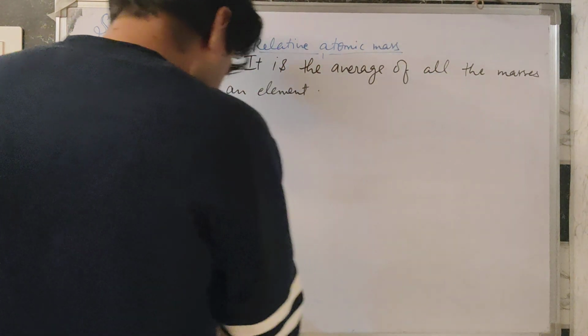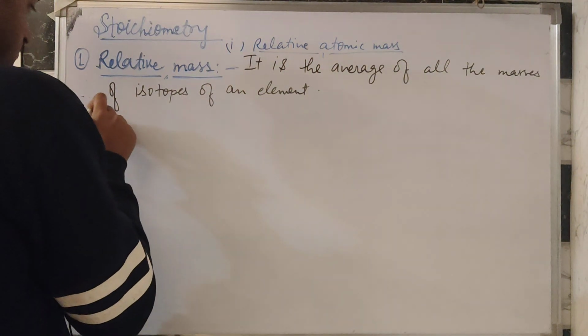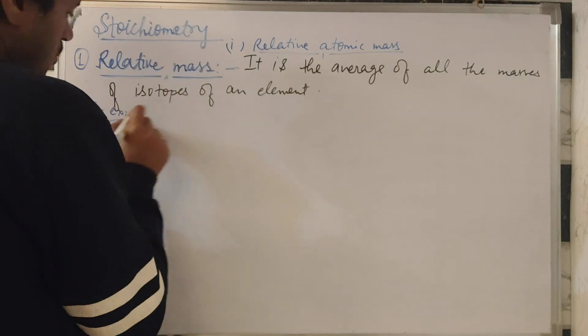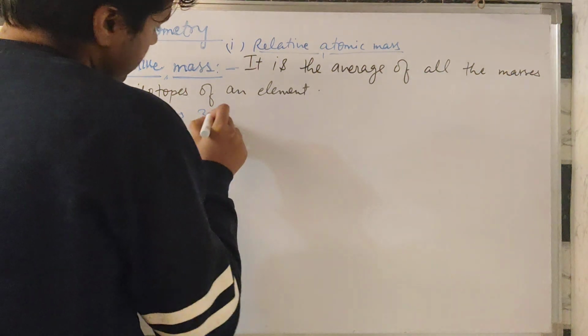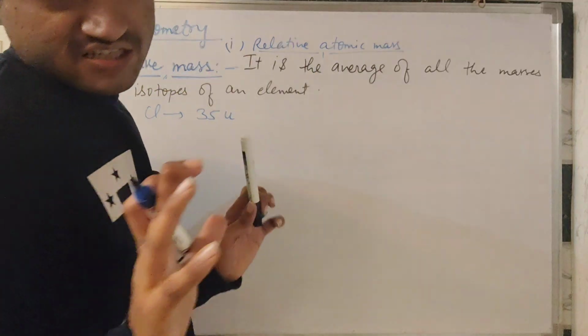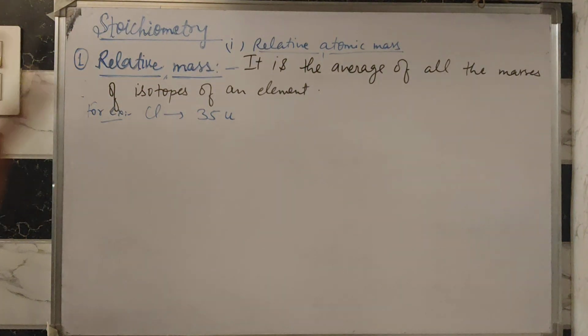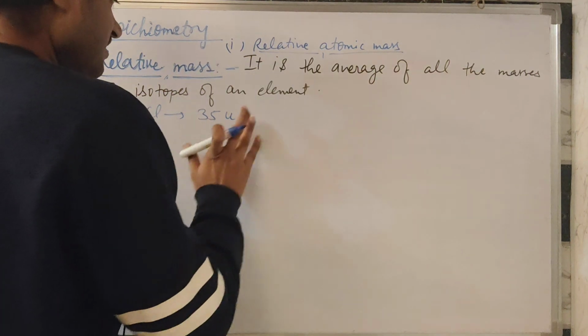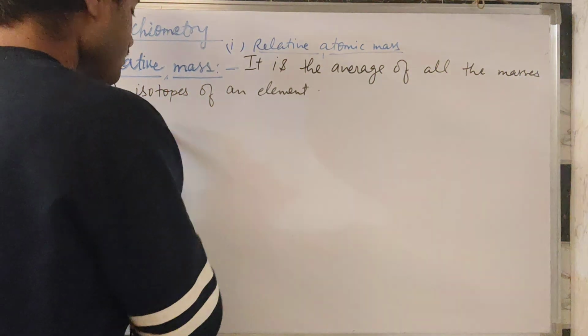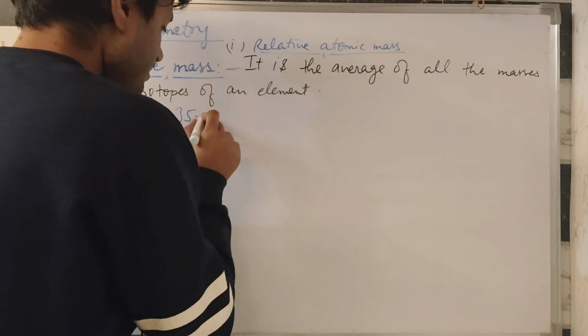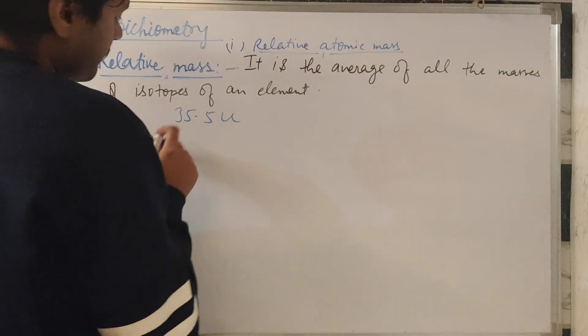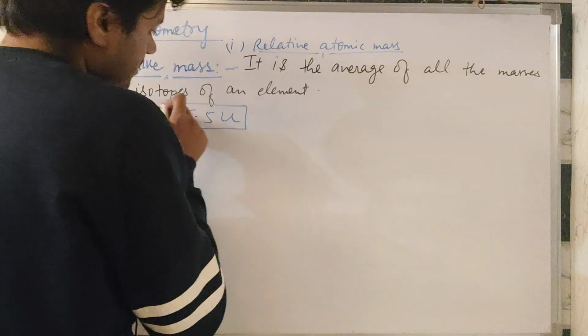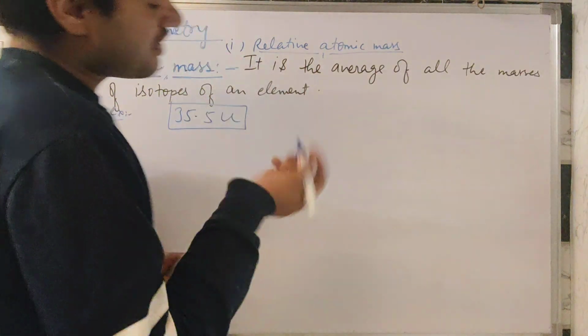For example, if I take chlorine, chlorine has 35 unit mass. It is the relative mass actually, but the relative mass of chlorine is 35.5 units. Why? Because it is the average of all the isotopic masses of that particular element.